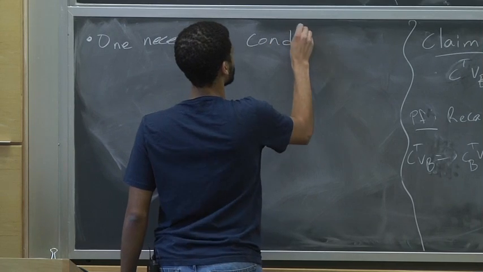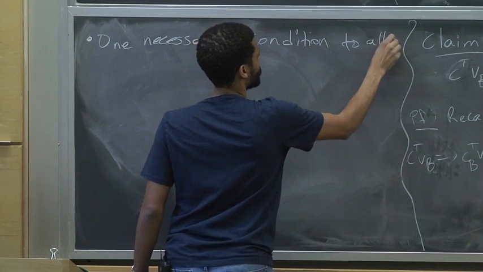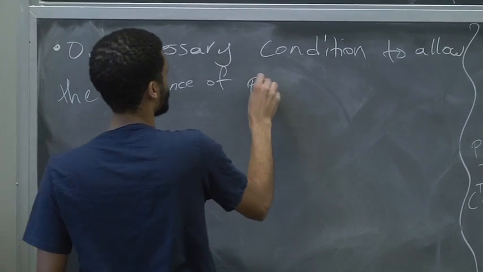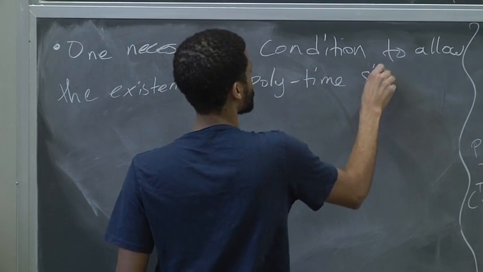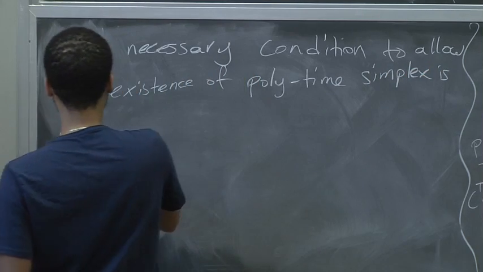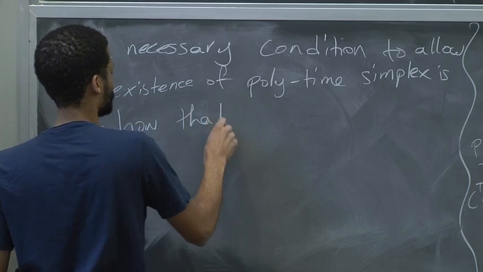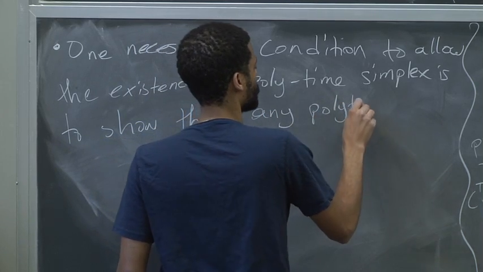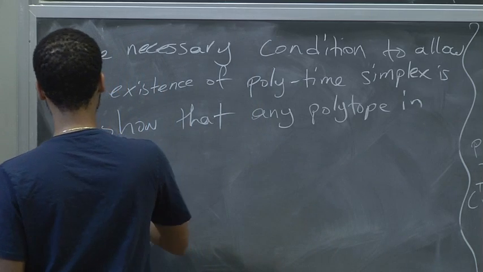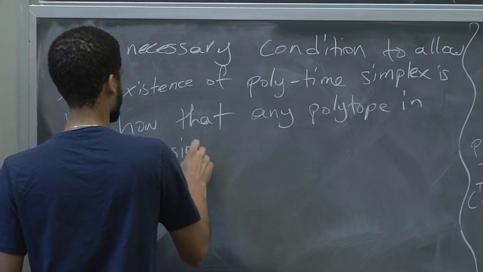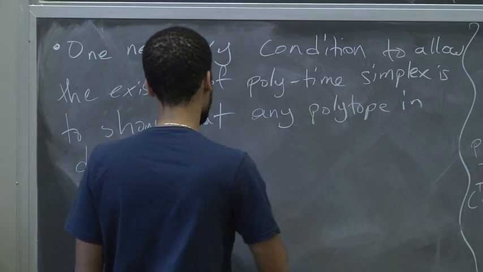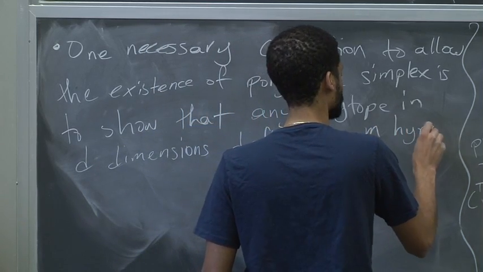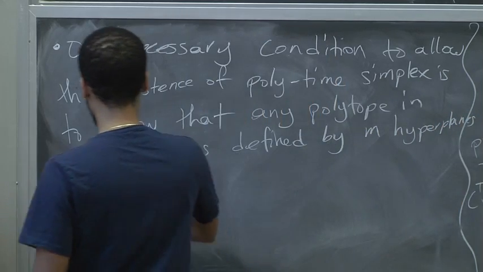condition to allow the existence of polytime Simplex is to show that any polytope in, let's say, d dimensions defined by m hyperplanes has diameter.